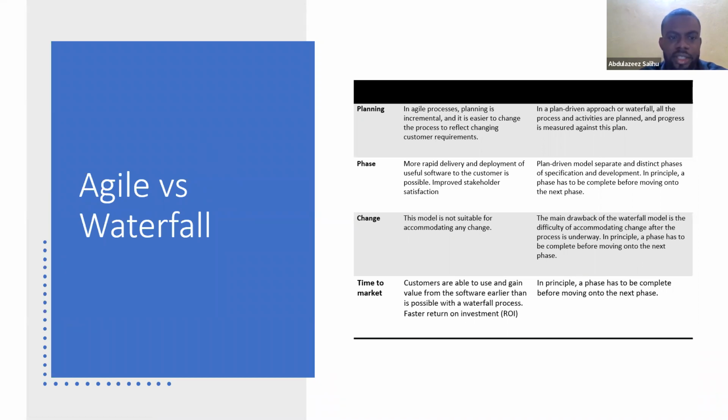Still on the conversation of Agile versus waterfall, we want to do a clear analysis and distinction of these two project delivery frameworks. So in the Agile framework, your planning is incremental. So it makes it easy for you to change the process to reflect customers' requirements.